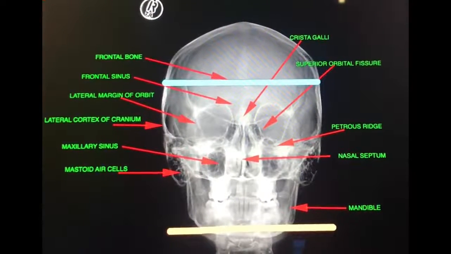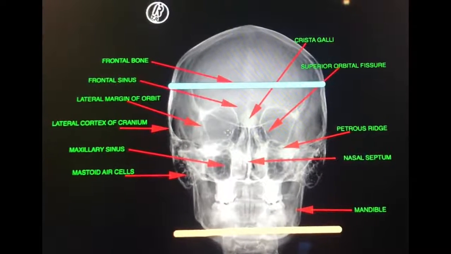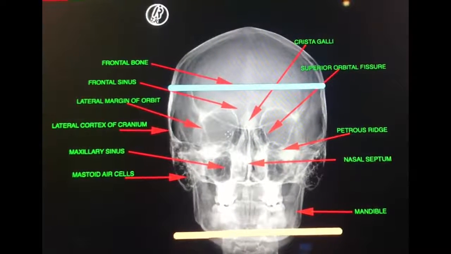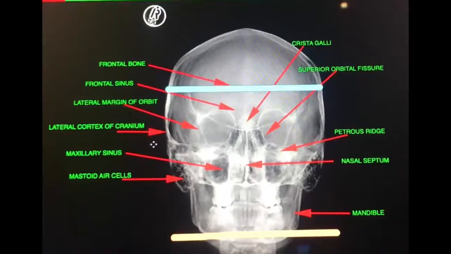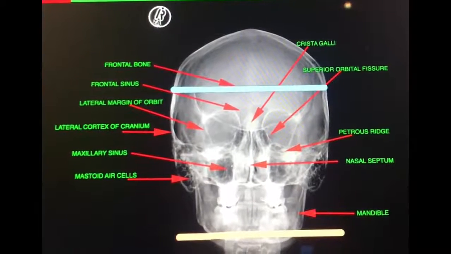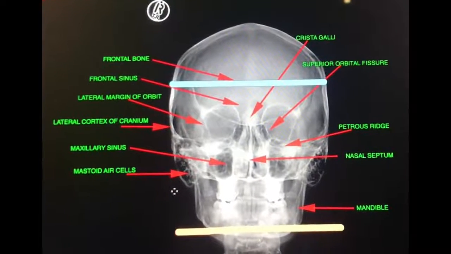You should be able to see a symmetric appearance of your superior orbital fissures. In terms of your exposure, you should have sufficient exposure to differentiate between your bone structures as well as your soft tissue structures. You should be able to see your maxillary region as well as your orbital region nice and clear on your x-ray.